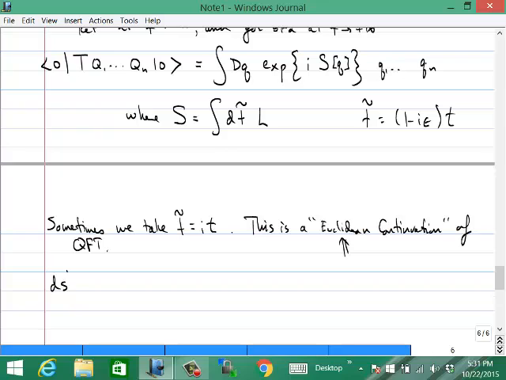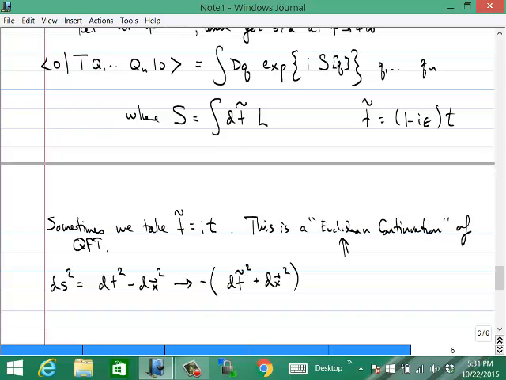The reason why it's called the Euclidean continuation is that if you remember this invariant interval in special relativity, the quantity that plays the role of distance in special relativity, if you make this change of coordinates where t is equal to i times t tilde, then how does this invariant interval look? Well, it looks like dt tilde squared plus dx squared.